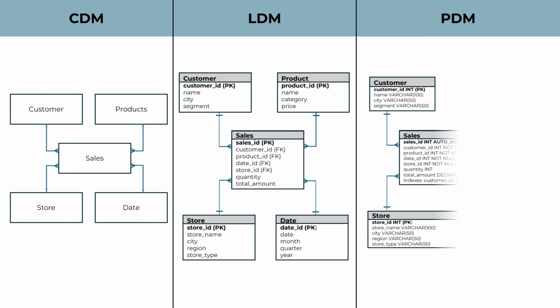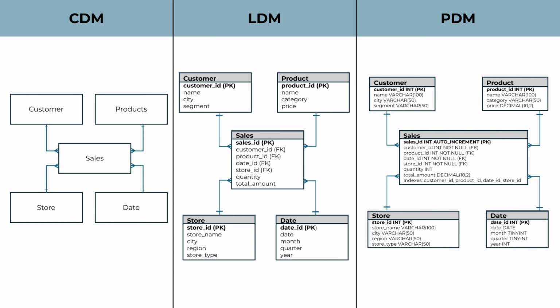Finally, you create a physical model, which includes database-specific implementation details, such as precise data types, constraints, and performance optimization strategies like indexing, partitioning, and so on. This workflow ensures your data is well organized, consistent, and optimized for its intended use. It also gives data architects, engineers, and analysts a clear, documented blueprint to implement, maintain, and query the data effectively.